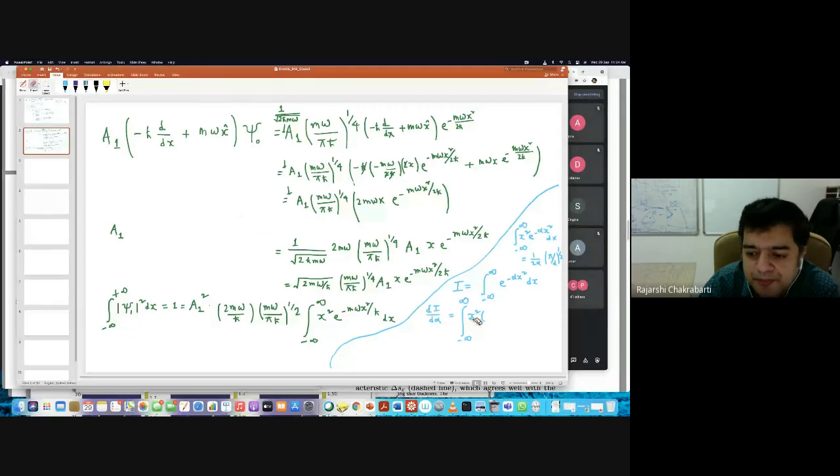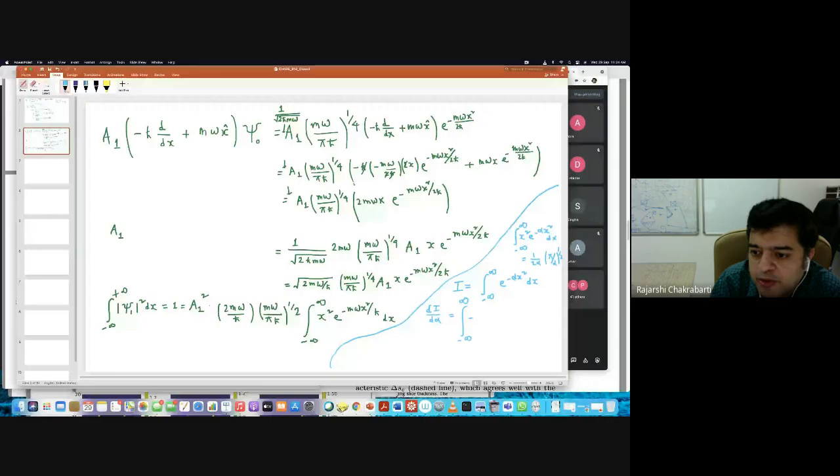I'm differentiating this one, okay? Only this standard integral, which I know very well. So if I differentiate, I'm going to get minus x square, because you are differentiating with respect to alpha, into this, which is fine if I write like this. Say let us call this integral J. So what I have here is essentially minus J. Is it clear to all of you?